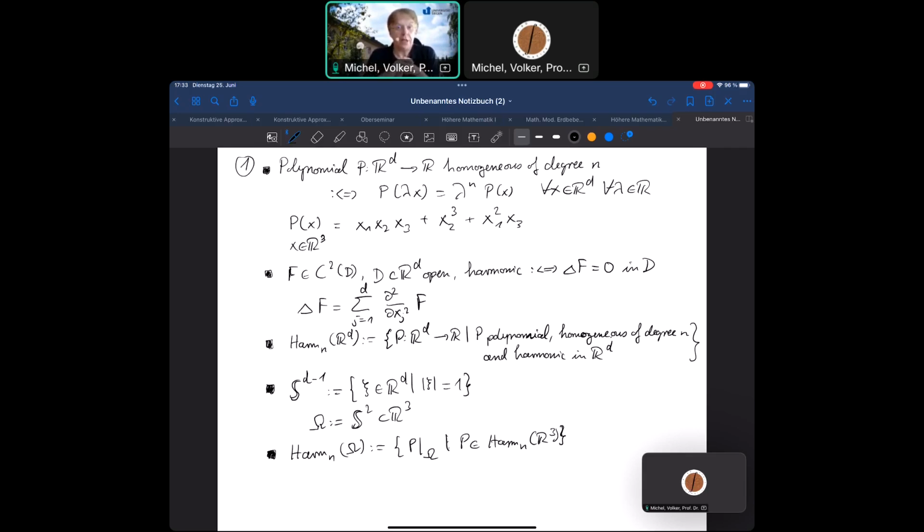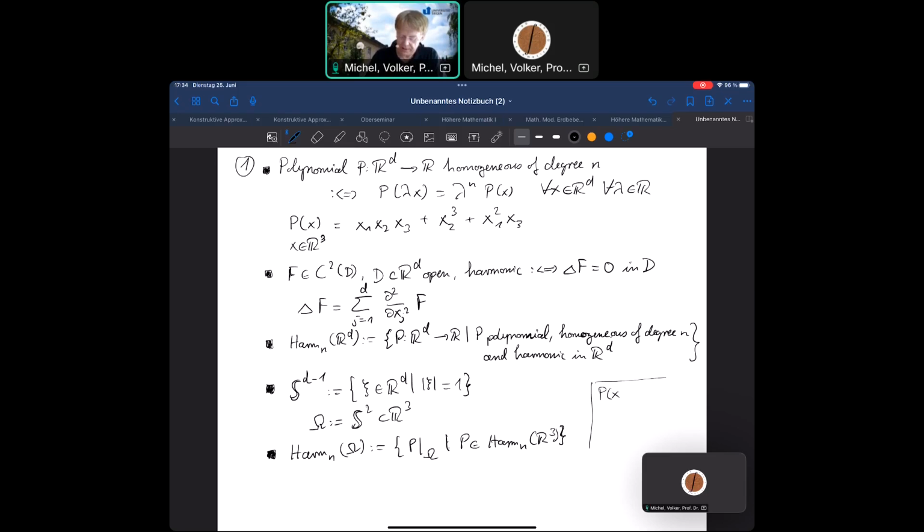Now, if you're a mathematician, I want to stress something because this is often not really written down correctly. It's important that you talk about homogeneity and harmonicity in R3, not on Omega. Why? One thing is that the degree of a homogeneous polynomial can change by restricting it to a subset like the unit sphere. Let's have a look at a simple example.